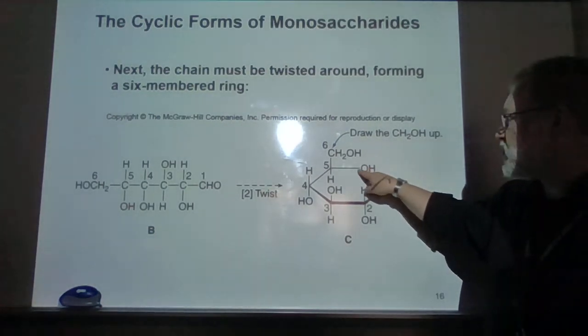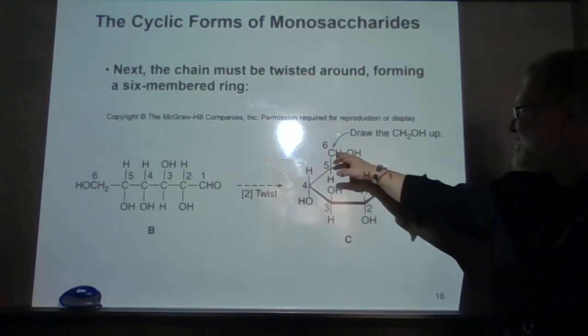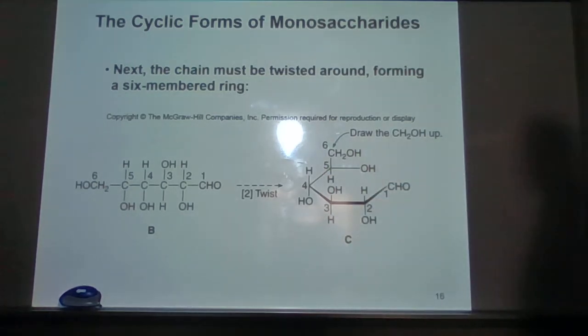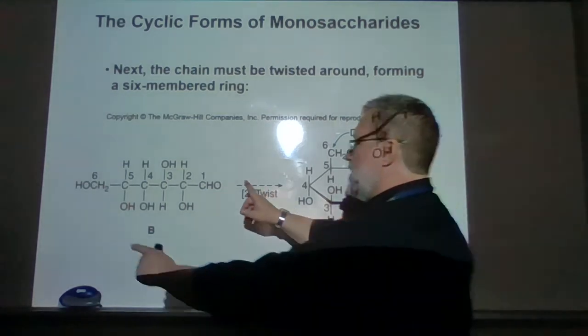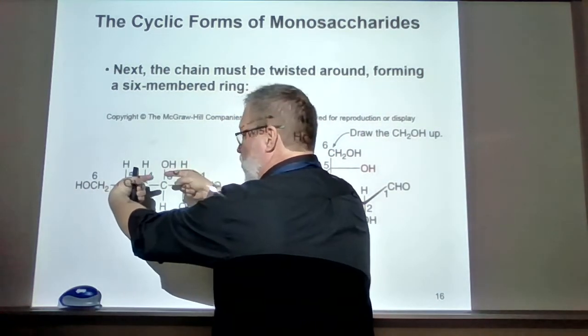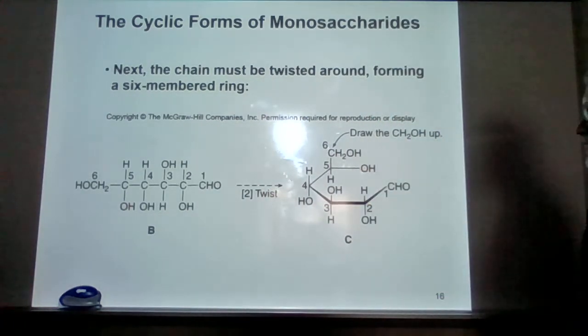There is the OH group at C5. Notice the CH2OH is not involved in the ring formation process. So basically, 1 and 5 have come and grown around toward each other to give us this structure.